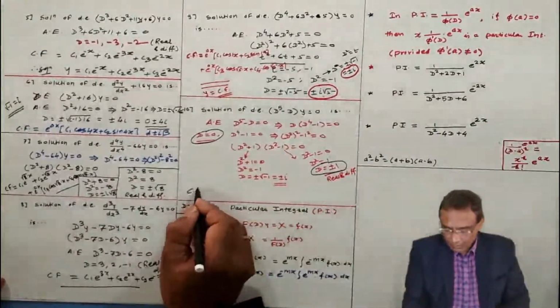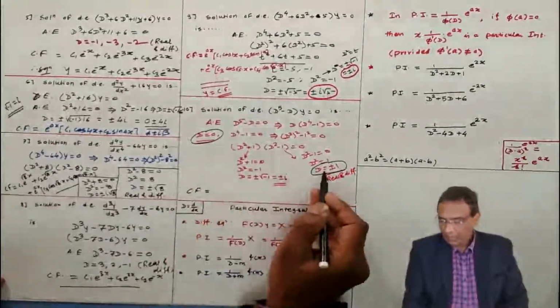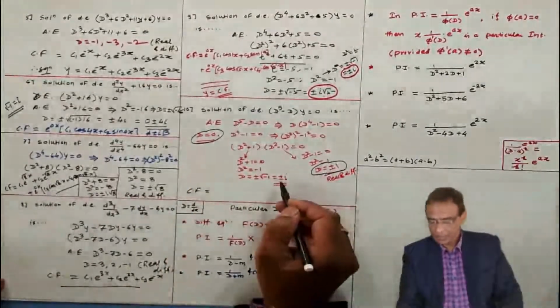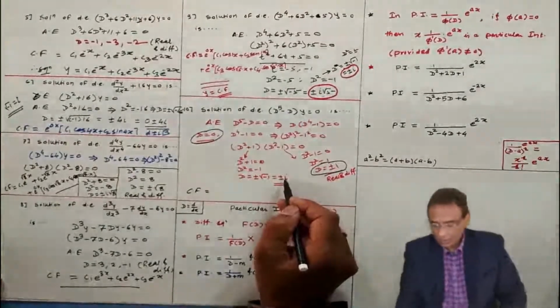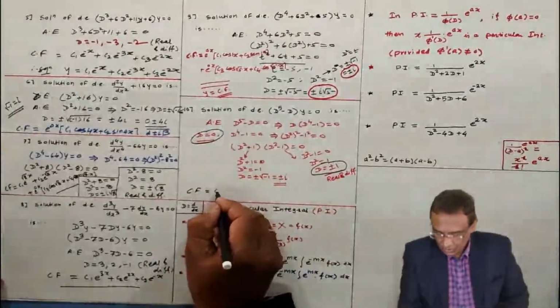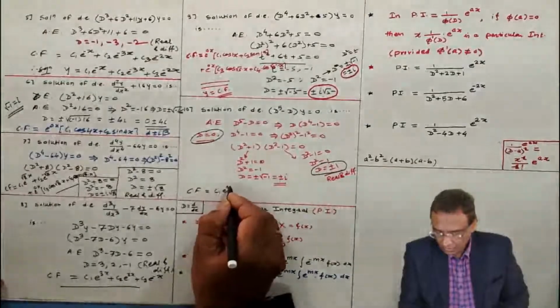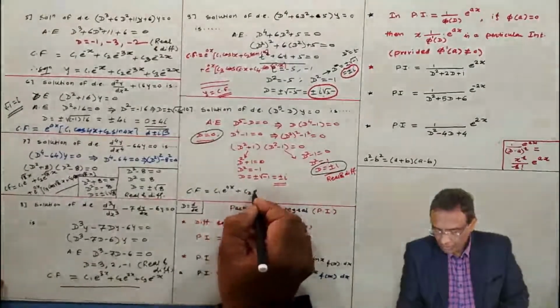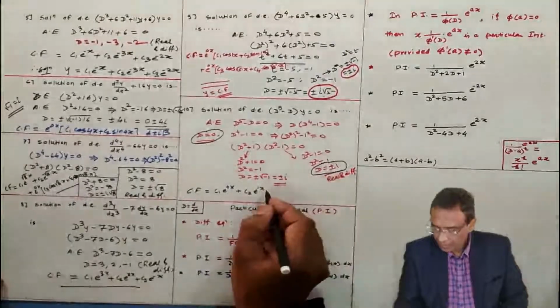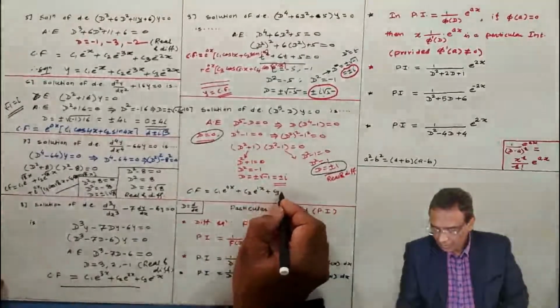So what is the complementary factor? For real and different roots I am writing first; you may write the imaginary and different roots in the beginning also, it is your choice. c1 e to the power 0x, real and different, c2 e to the power 1x, c3 e to the power minus 1x.